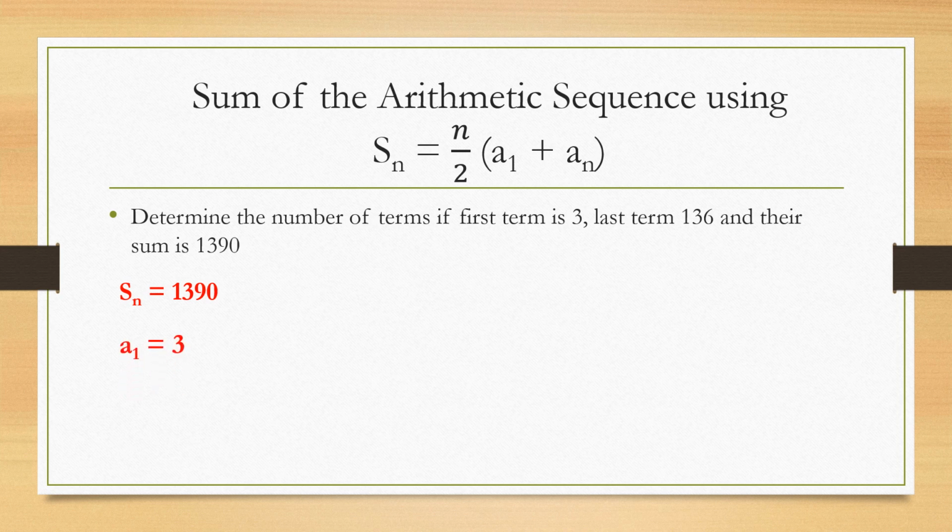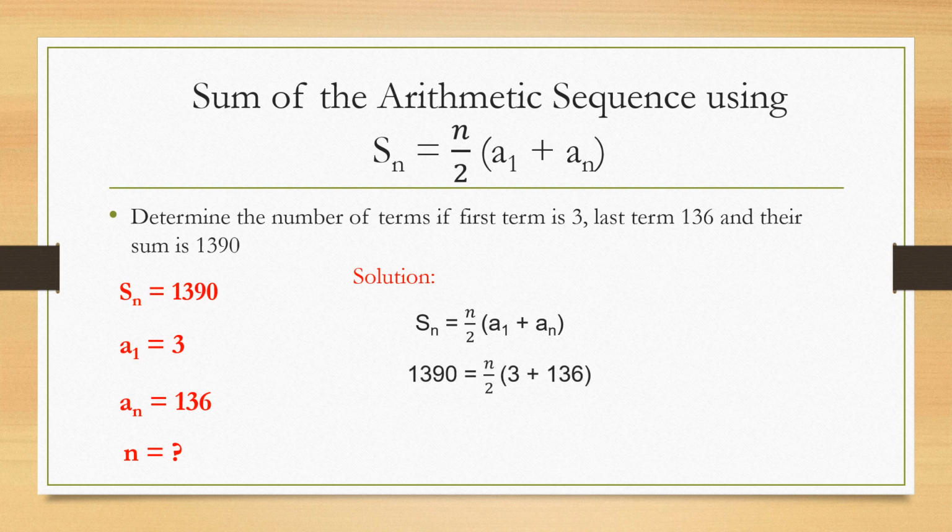The first term is 3, while the last term is 136. So we are going to determine the number of terms. So our n is unknown. Using the formula, substitute all the values for the S sub n, which is 1390. The a sub 1 is 3, and the a sub n is 136.